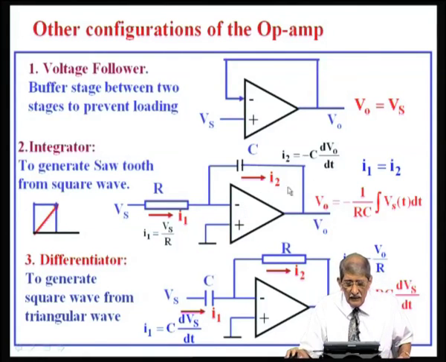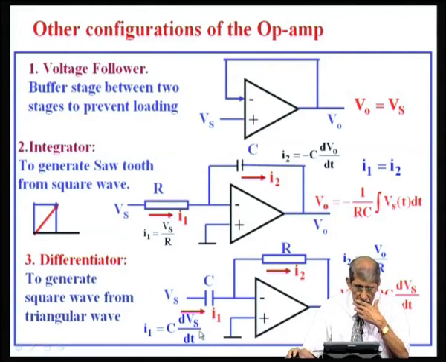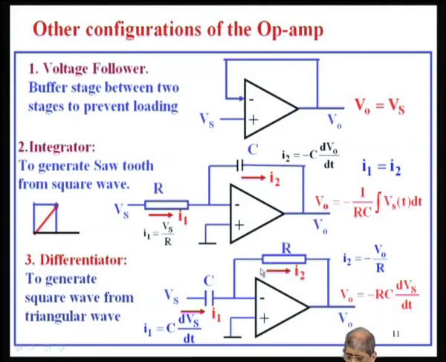So, integrator. If I interchange the capacitor, put it here and a resistor here, you can analyze in the same way and see that I 1 is C dV s by dt, because this is 0. Voltage drop across the capacitor is V s, C dV s by dt is the I 1, and I 2 is minus V naught divided by R, because this is 0, this is V naught.